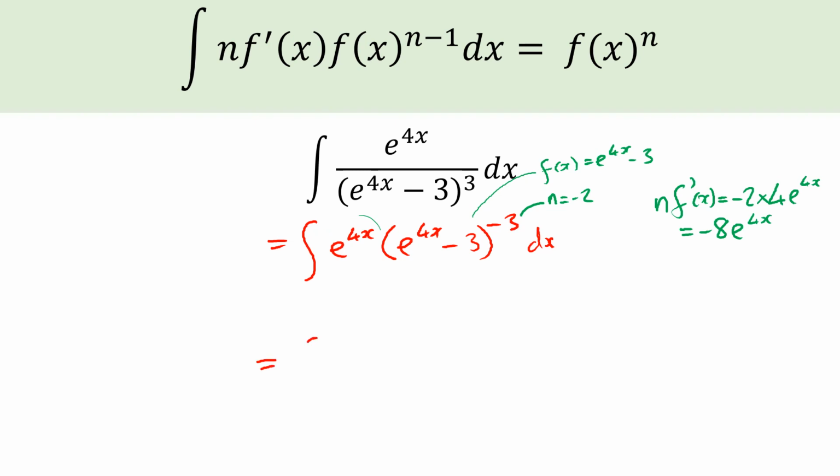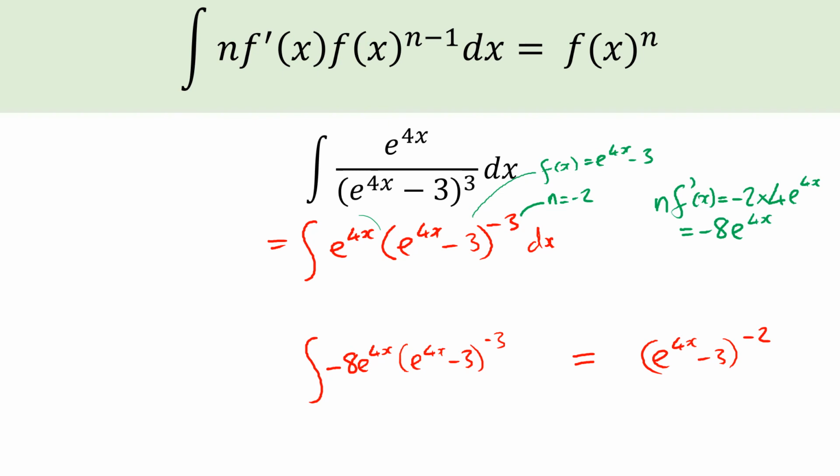We would like this to be minus 8e to the 4x times e to the 4x minus 3 to the minus 3, because we know that that would integrate to f of x to the n. That would integrate to e to the 4x minus 3 all to the minus 2.